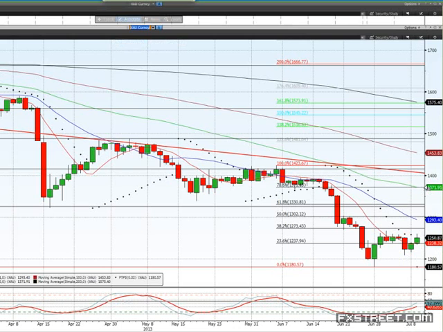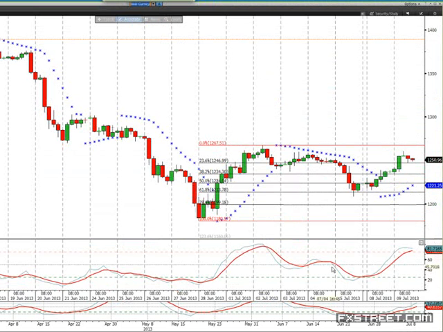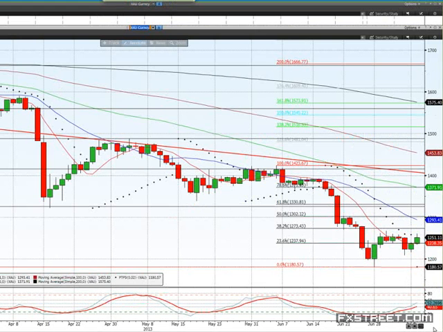Then, as the 4-hour chart got a bit oversold, we managed to take off again a little bit. So, same situation as the dollar. Really, it's not looking for a change in trend, but we are looking for just a little correction.